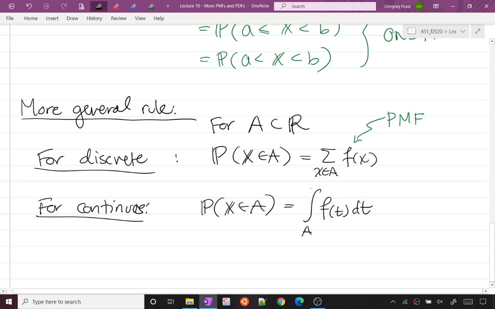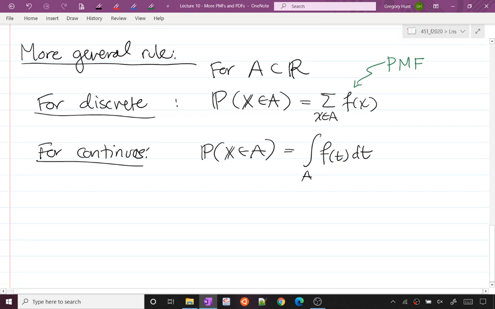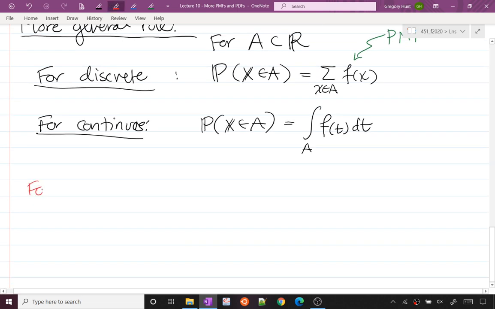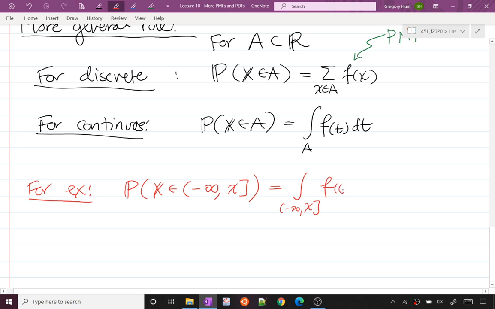We can look at some examples. For example, if I wanted to calculate the probability that my random variable is between negative infinity and little x, that's a set of the real line. This would be the integral from negative infinity to x of f of t dt.